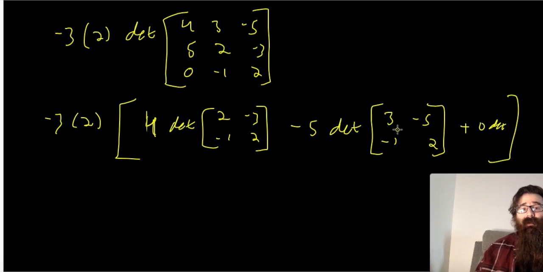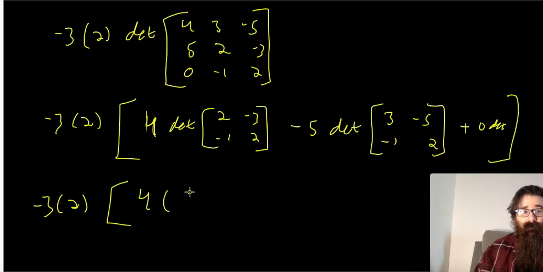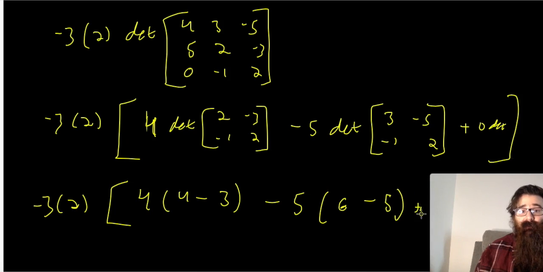And I really want to work inside the brackets here first, and then worry about this stuff in front later. That's negative 3 times 2. And then here I have 4 times, 2 times 2 is 4, minus negative 3 times negative 1 is 3. And then minus 5 times 3 times 2 is 6, minus negative 5 times negative 1 is 5, and then plus 0 there.